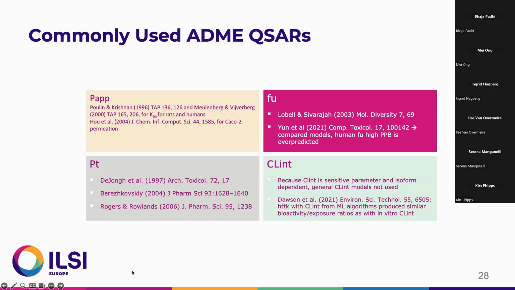When you look, for example, at these partition coefficients, whether you use Jongeneelen's QSAR or Berezhkovskiy's QSAR or Rogers and Rowland is really dependent on the class. What Berezhkovskiy and Rogers and Rowland have as an added benefit is that they account for differences in lipid and protein content in the different tissues to calculate these partition coefficients.